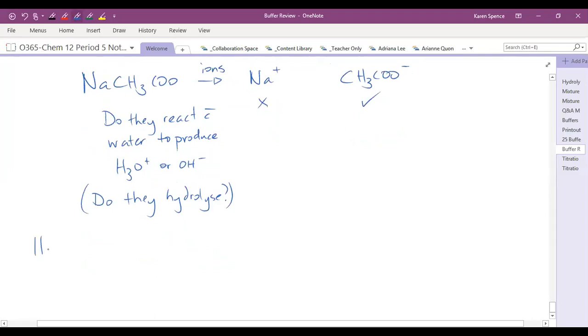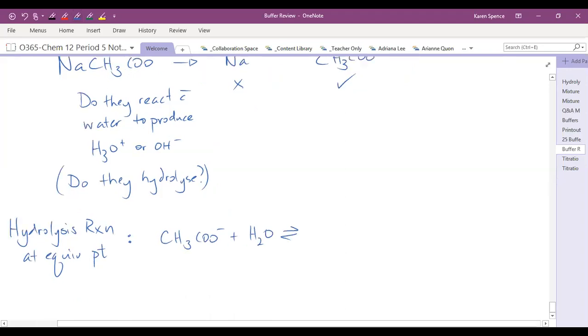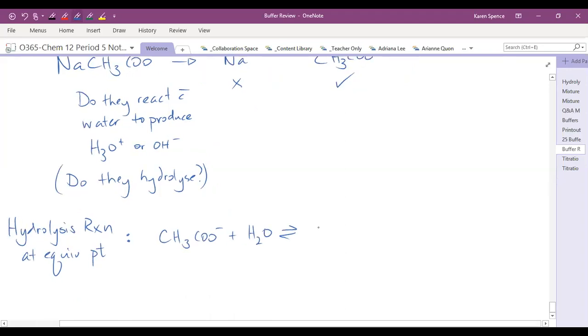So our hydrolysis reaction then at the equivalence point would be CH3COO- plus H2O. CH3COO- acts as a base and accepts a proton to become CH3COOH plus OH-. Okay, and look what we have done.